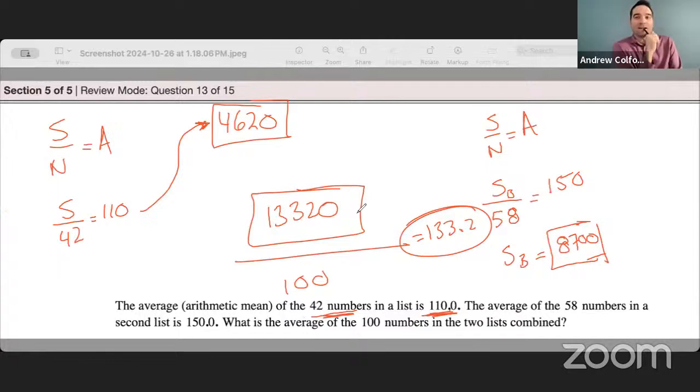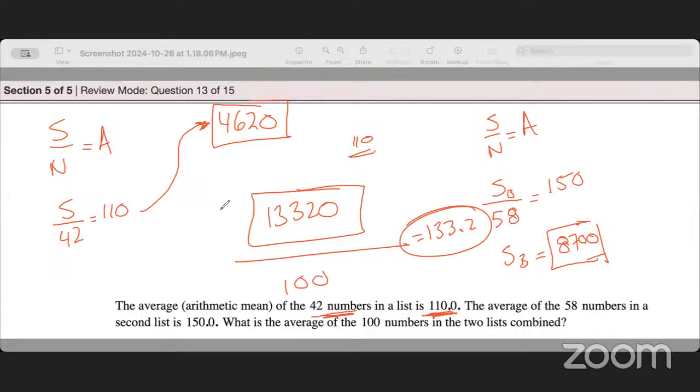Great. So I'll ask you, and Laru, you're welcome to jump in here too. Why did I immediately go, well, that can't be right, when I got that the average of everything was 110? Because that's less than both of the average numbers they provide us with.